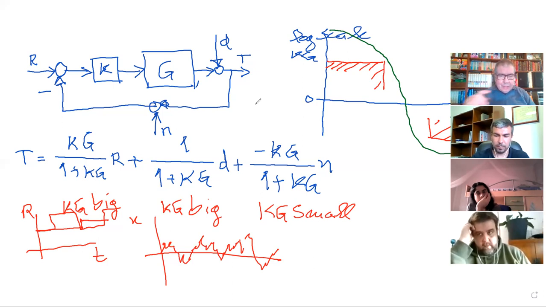Okay, so you have this stuff, and this is a consequence of this analysis that we have. Now we are exploring the fact that we can put dynamic things. G is dynamic and K is dynamic. So this is a different way of looking.